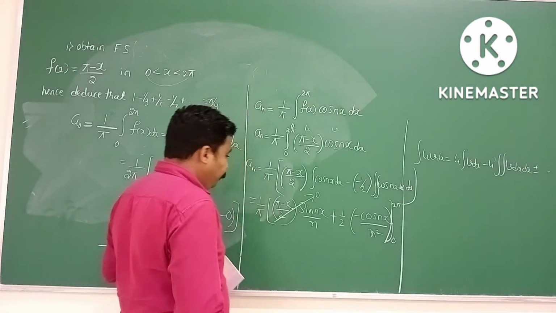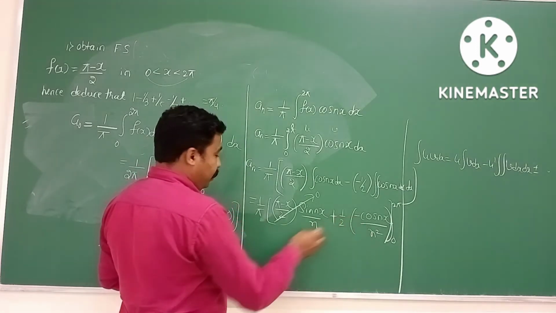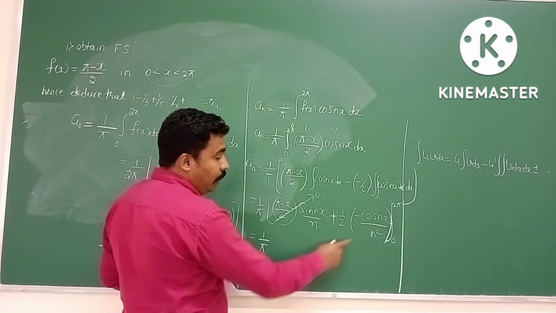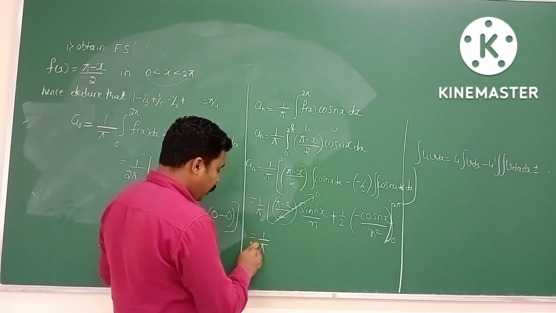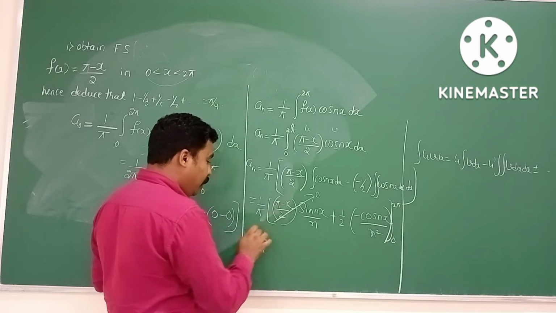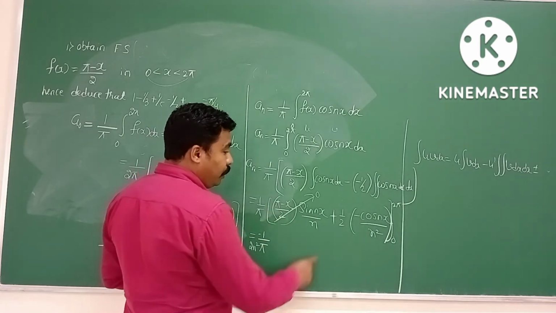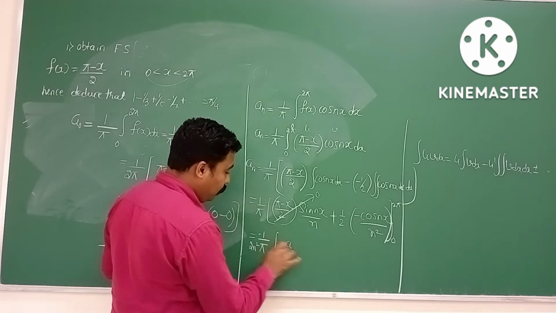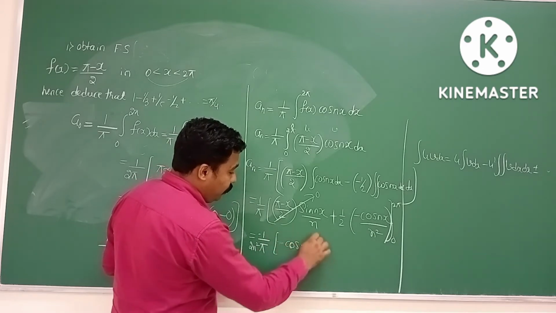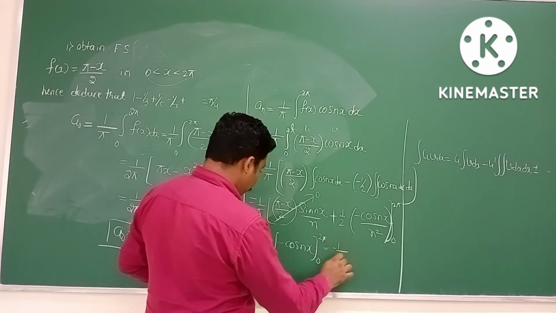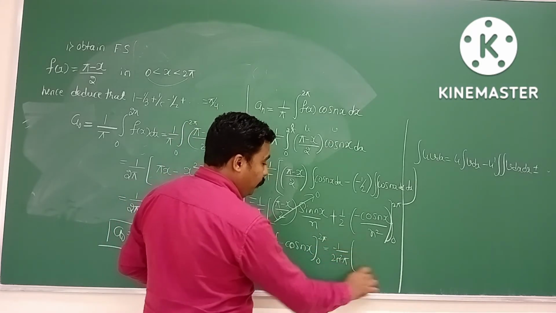Okay. Now the remaining term is this. So what happens? 1 by pi, I take this 2 n square outside because they are free terms and constants. Minus also I take outside. So it is minus 1 by 2 n square pi. Remaining term is cos nx between the limits 0 to 2 pi.